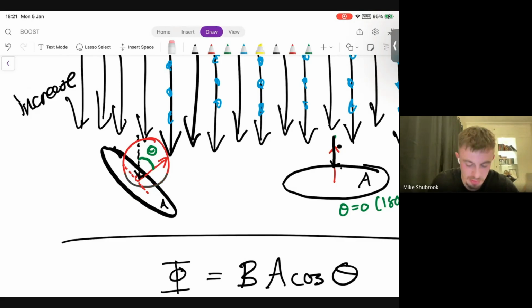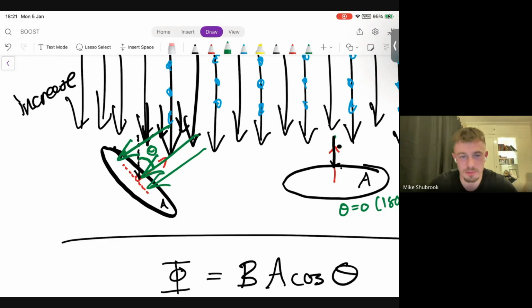Because another way of thinking about what that cosine theta does is it takes these field lines which are pointing in this direction and it calculates the component of them which actually cuts perpendicularly through the area like that. You can do some trig to show that that's what that cosine theta is going to do.